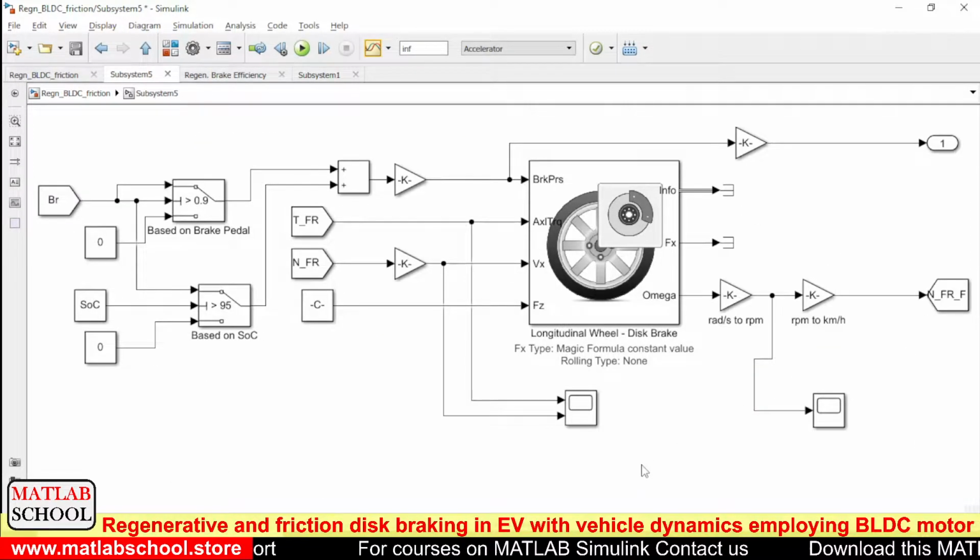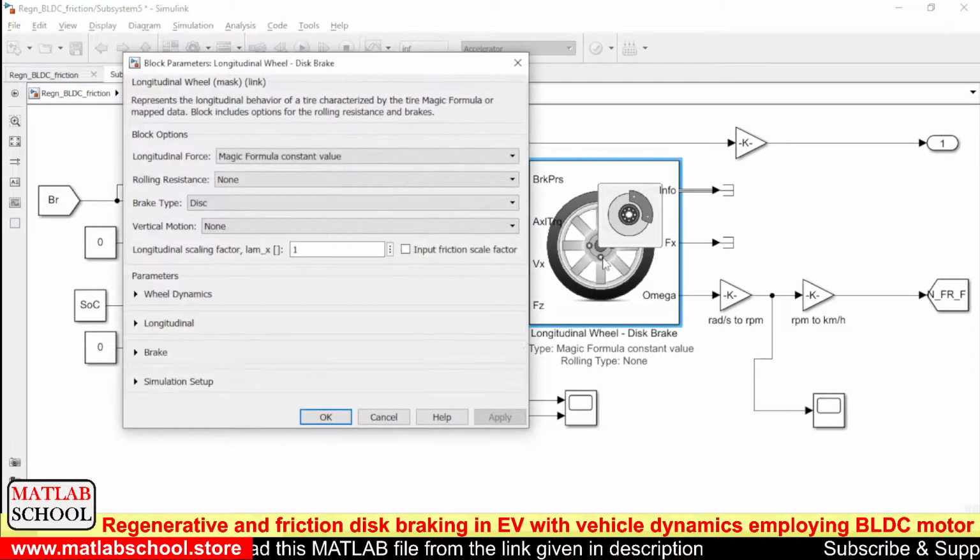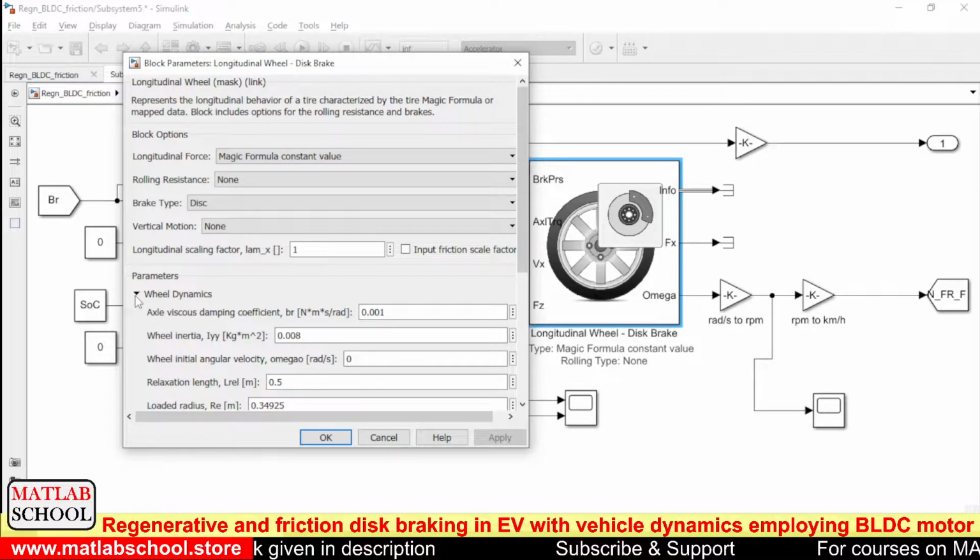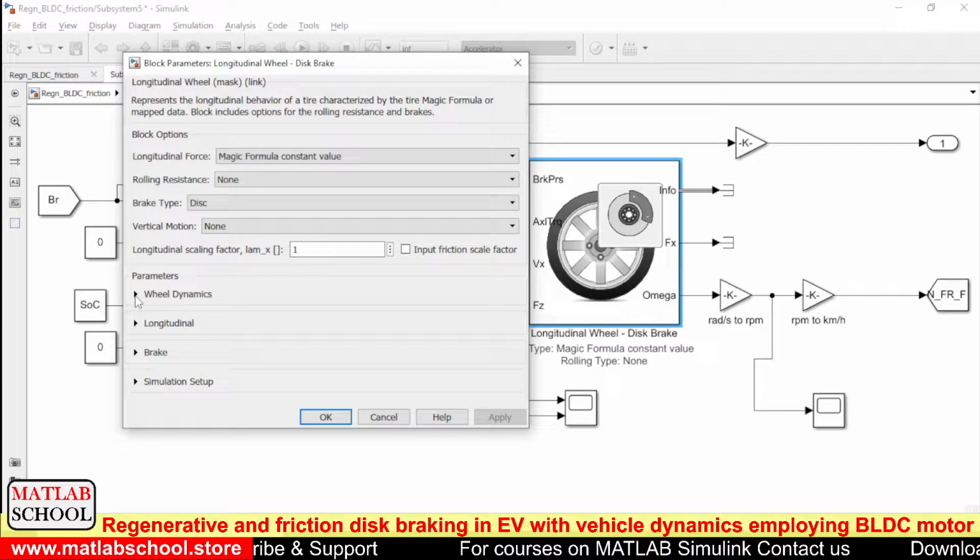So to facilitate friction braking simulation, we are using a longitudinal wheel disc brake. So here we can give the inputs such as the details regarding the brake. So you can give wheel dynamics as input, like damping coefficient, wheel inertia, wheel initial angular velocity, all those things we can give.